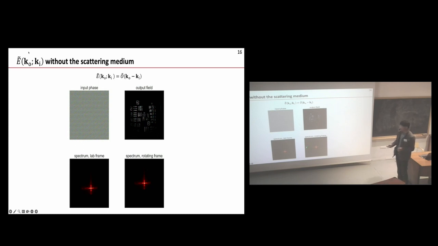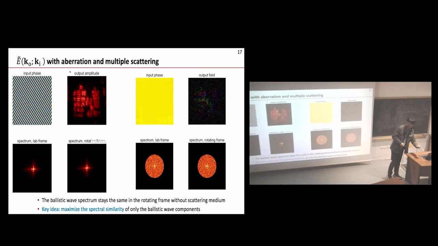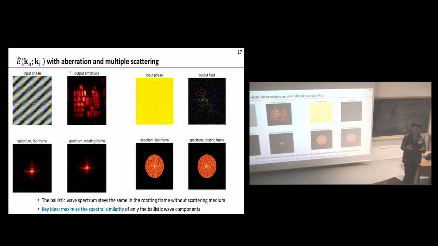But now if you look at the spectrum in a delta K space, if you compensate for the illumination angle and look at the spectrum in a rotating frame, the spectrum is stationary and identical irrespective of the illumination.